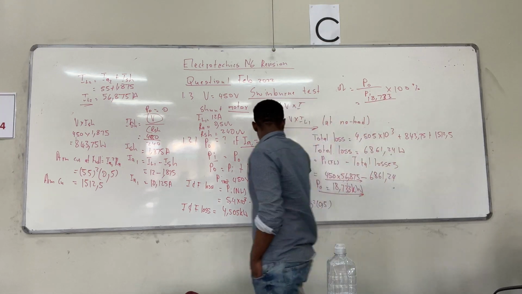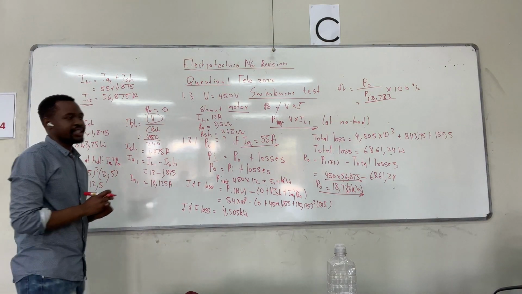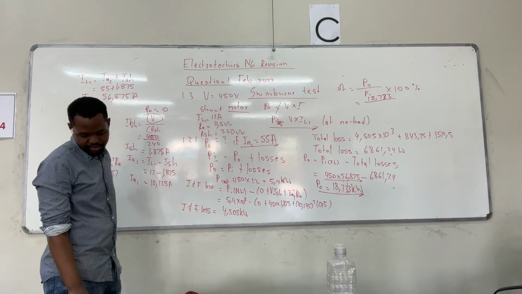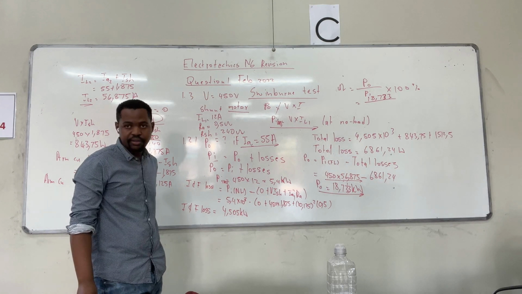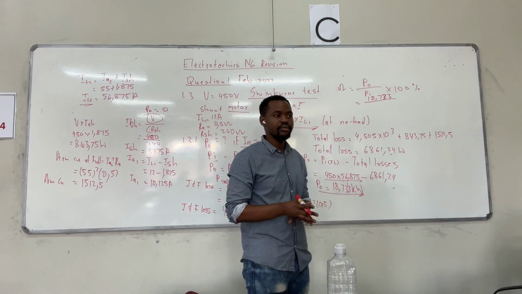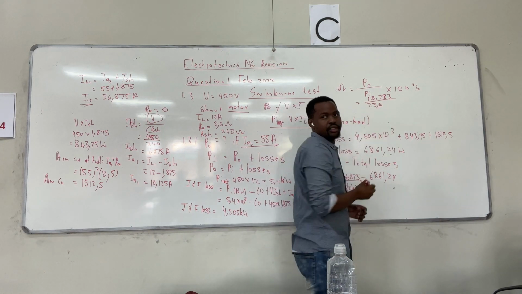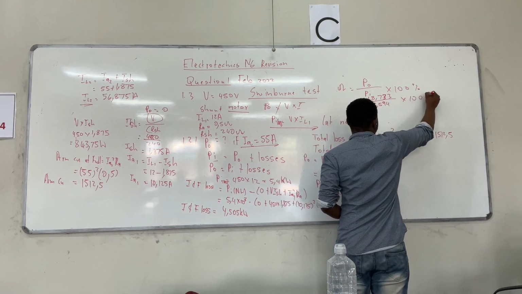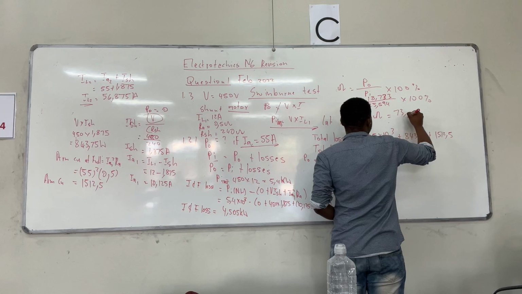Power in is 450 times 56.875, in kilowatts, 25.5. The efficiency is 73.2 percent.